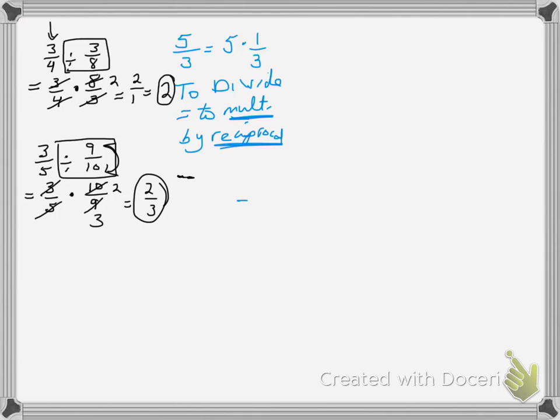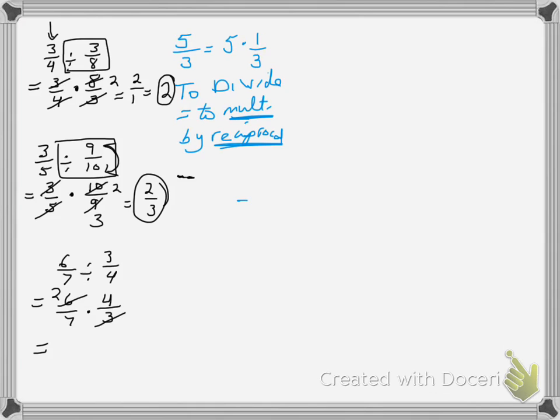So I find these problems fairly straightforward. The last one here, we have 6/7 divided by 3/4. Again, now not writing so much as I show the steps here. It's going to be 6/7 times 4/3. 3 goes into 6 2 times.